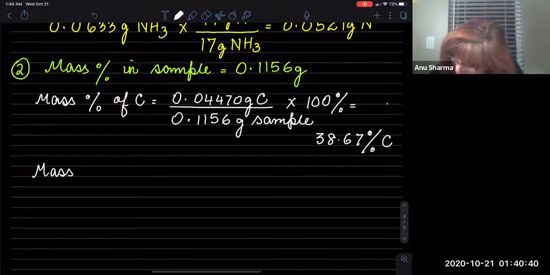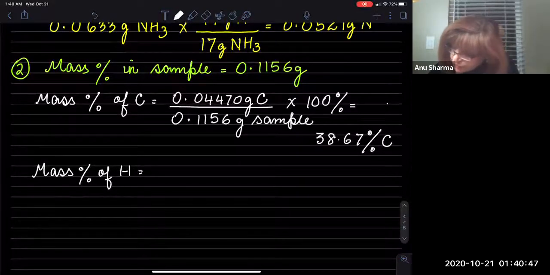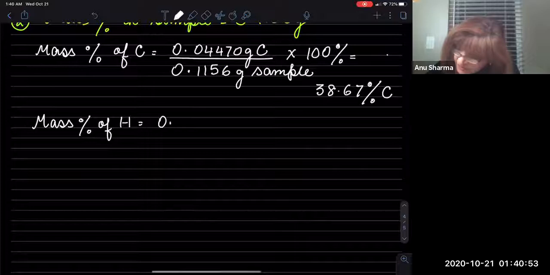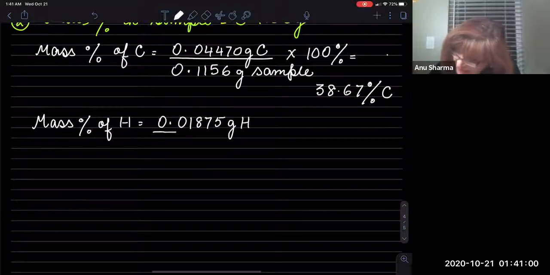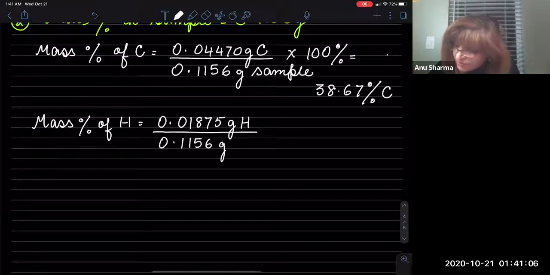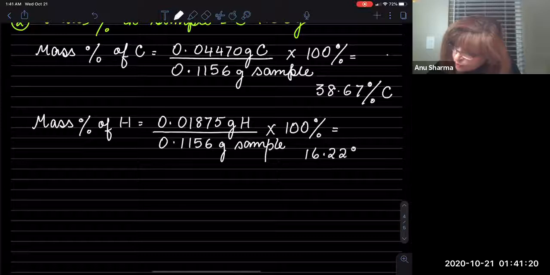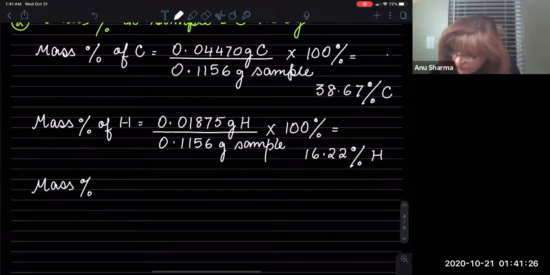That is 0.01875 grams of hydrogen, and this is going to be present in 0.1156 grams of sample, times 100%. So this gives you 16.22% hydrogen.